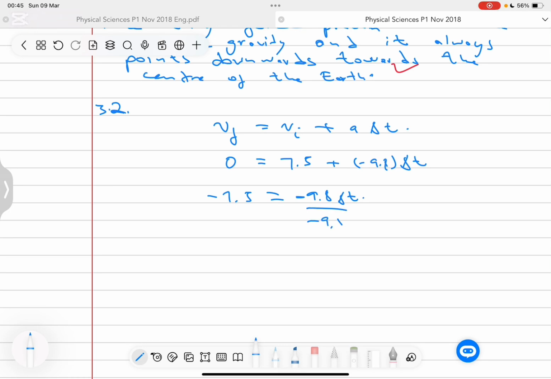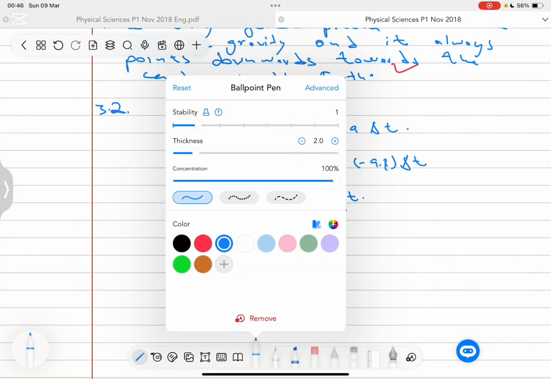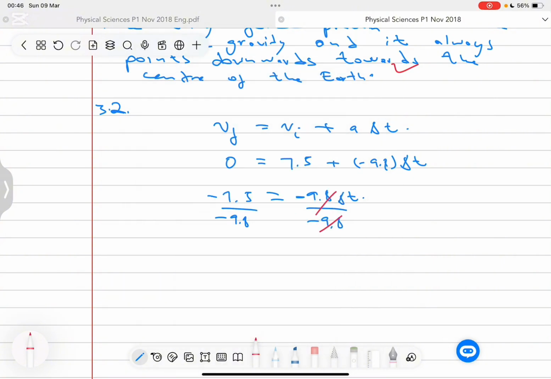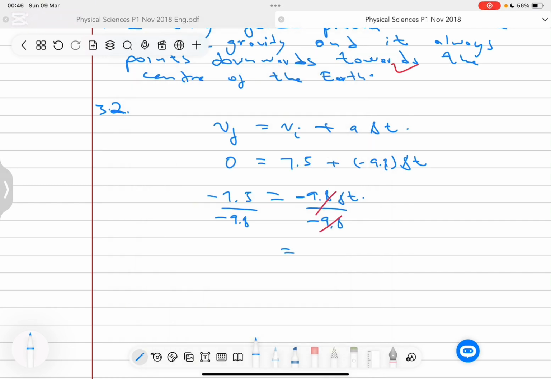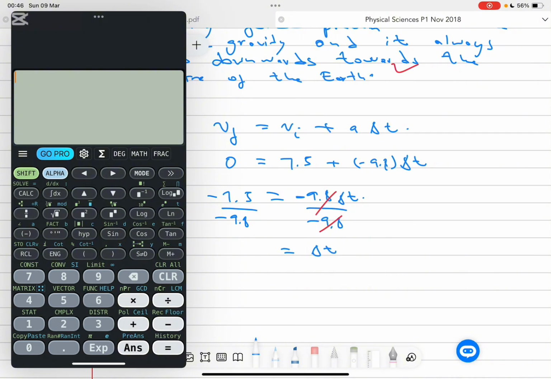Now if I divide both sides by negative 9.8, I am at a position where now I'm only left with the time this side, and I can pull my calculator to then calculate the answer by saying 7.5 divided by negative 9.8, and this actually gives me a time of 0.77 seconds.